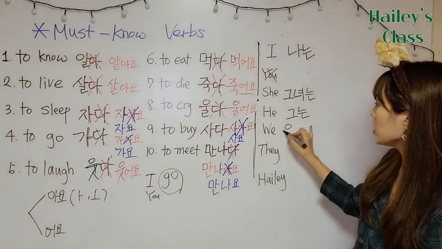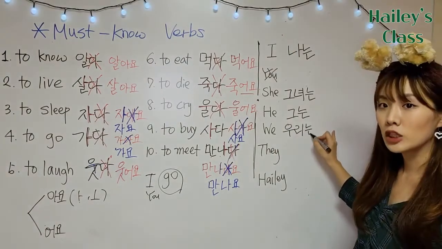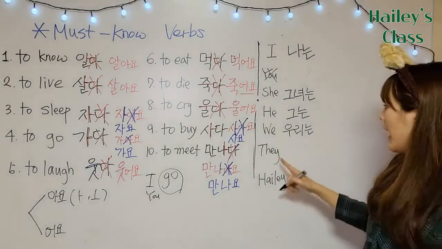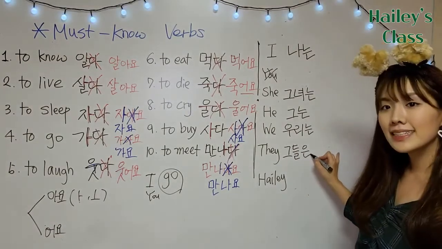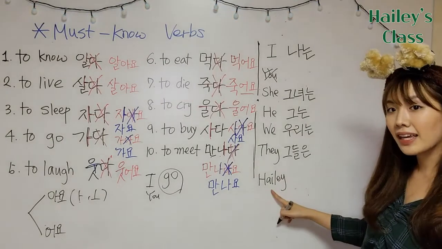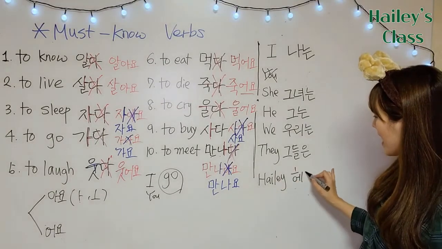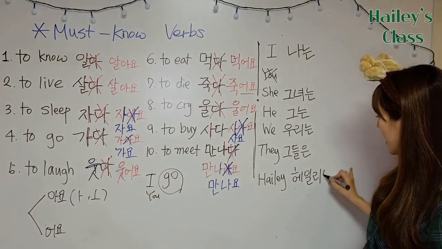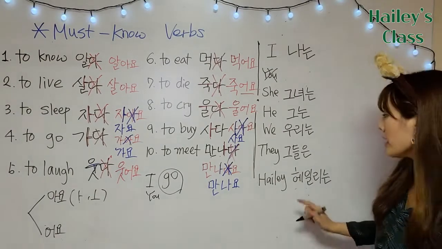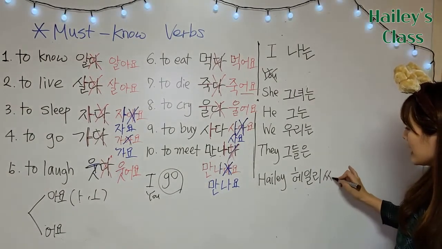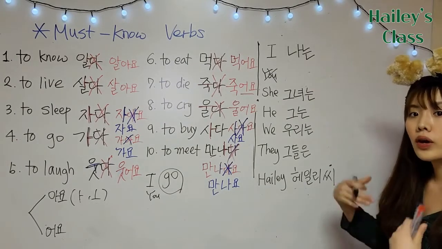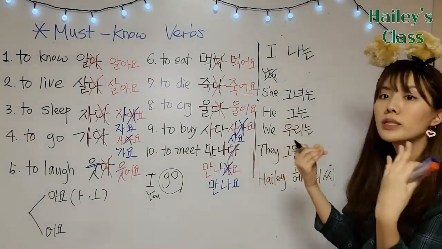And we is 우리는. And they is 그들은. And Haley is 혜리는. But after the name, we put 씨 as the respectful way.